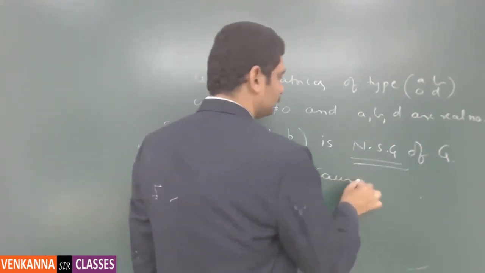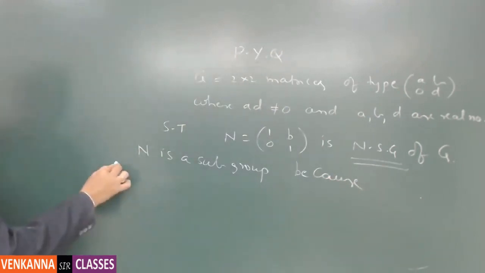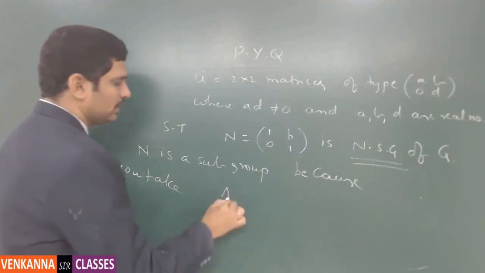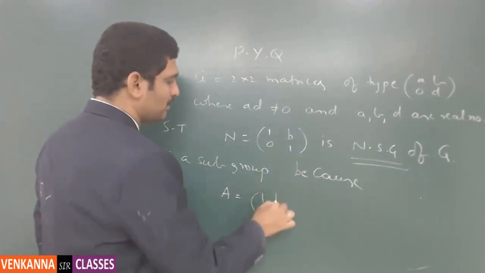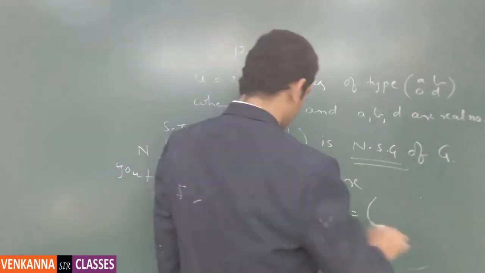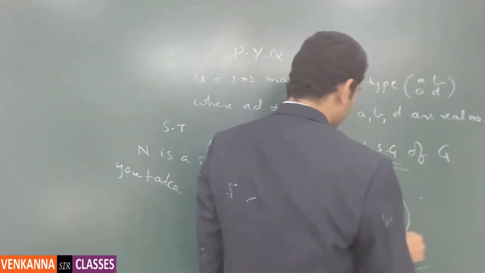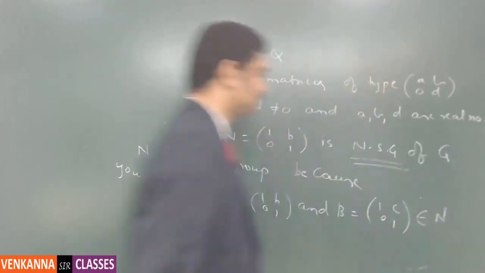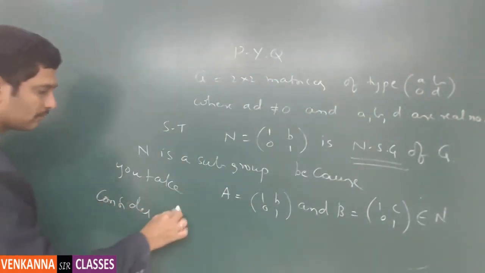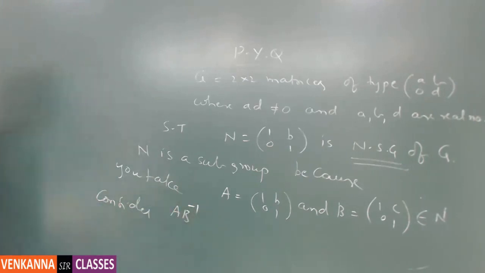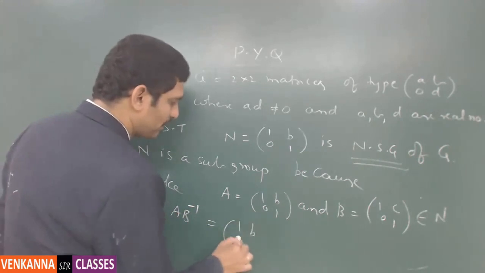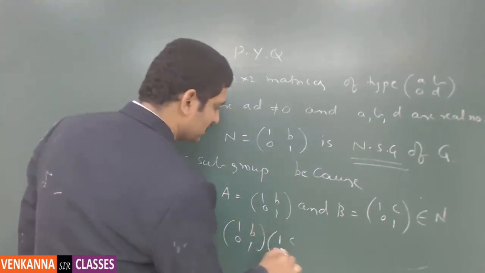Because you take A equal to [1, B; 0, 1] and B equal to [1, C; 0, 1], which belong to N. So you consider A B inverse. So this is nothing but [1, B; 0, 1] into [1, C; 0, 1] inverse.